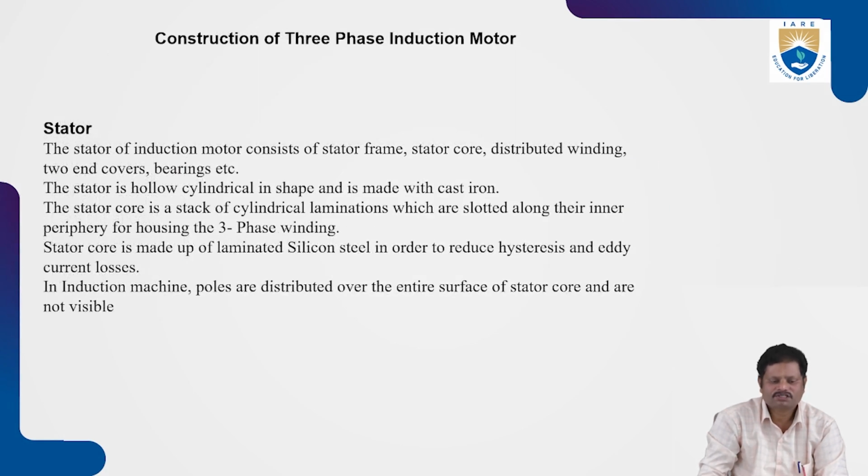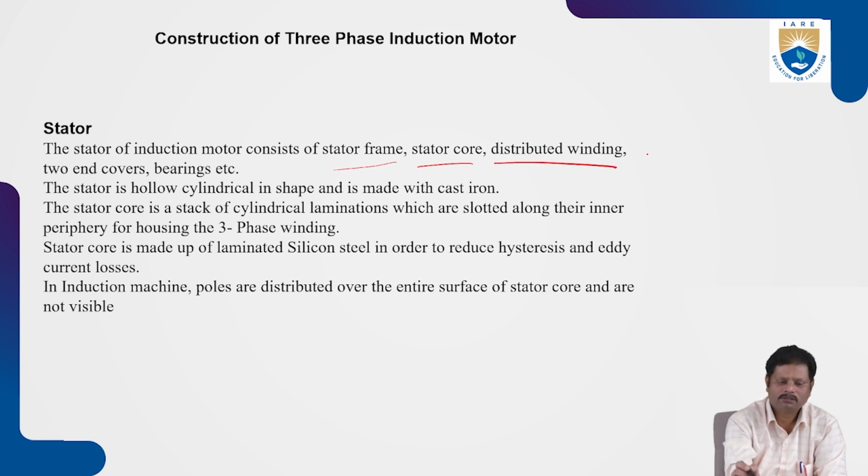And the construction is similar to the DC machine. It has a magnetic frame called the stator, also called the stator frame, and stator core, distributed windings, two end covers, bearings, etc. Some parts are in the stator.